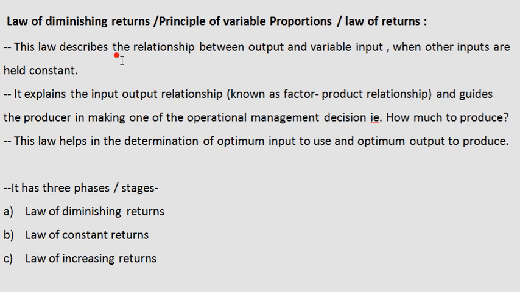This law describes the relationship between output and variable input with other inputs held constant, or we can say it explains the input-output relationship known as the factor-product relationship. This principle guides the producer in making one of the operational management decisions, that is, how much to produce.